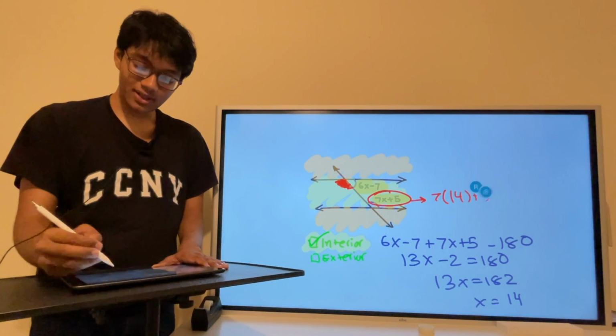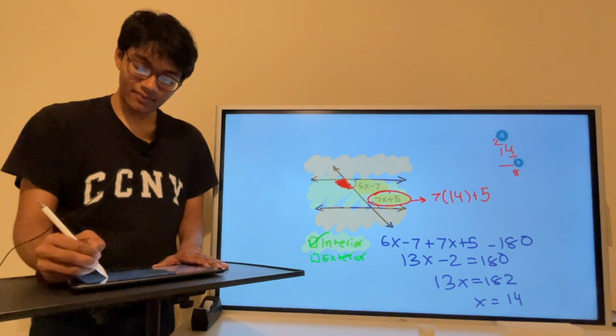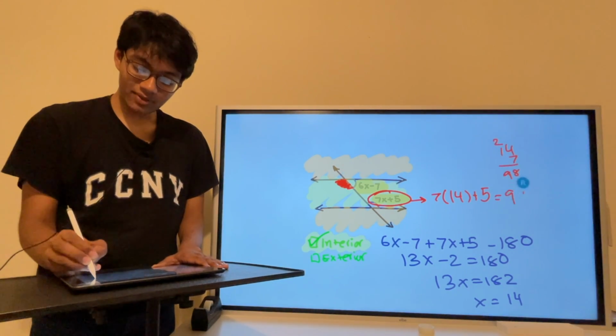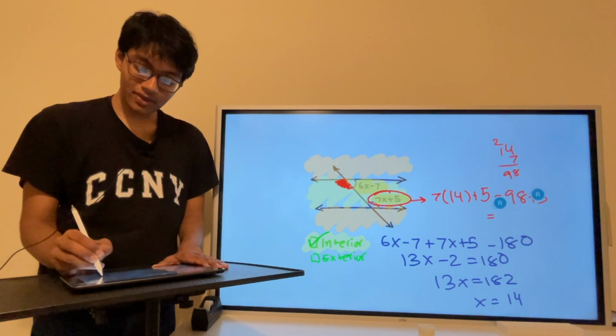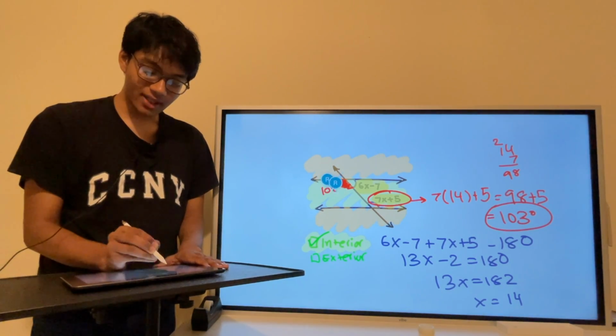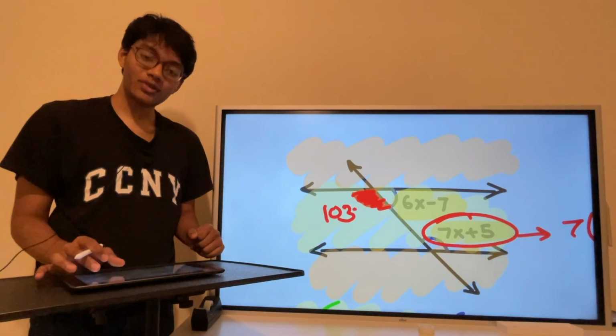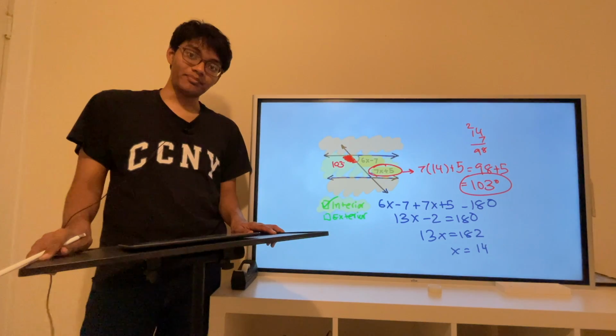So 14 times 7, that's going to give me 98. So this is 98 plus 5 degrees, and that's 103 degrees. And that, ladies and gentlemen, is the measure of the angle we wanted, 103 degrees. And we're done.